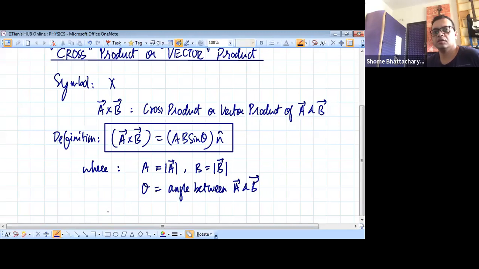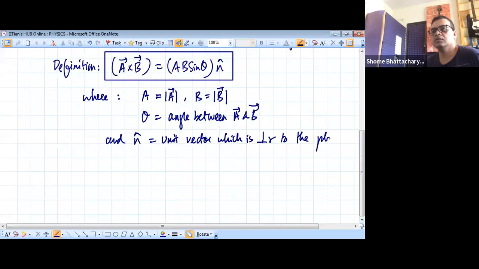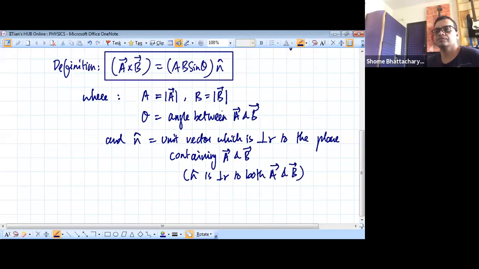and n cap is a unit vector which is perpendicular to the plane containing A and B. In other words, n cap is perpendicular to both vectors A and B. So this is the definition and notation for the cross product.